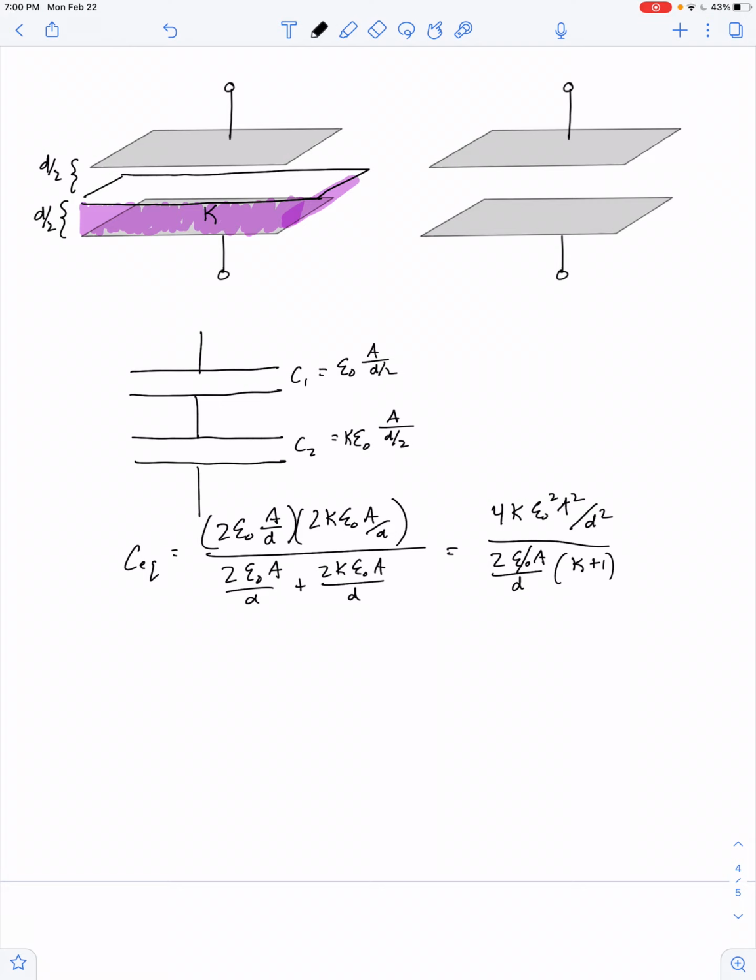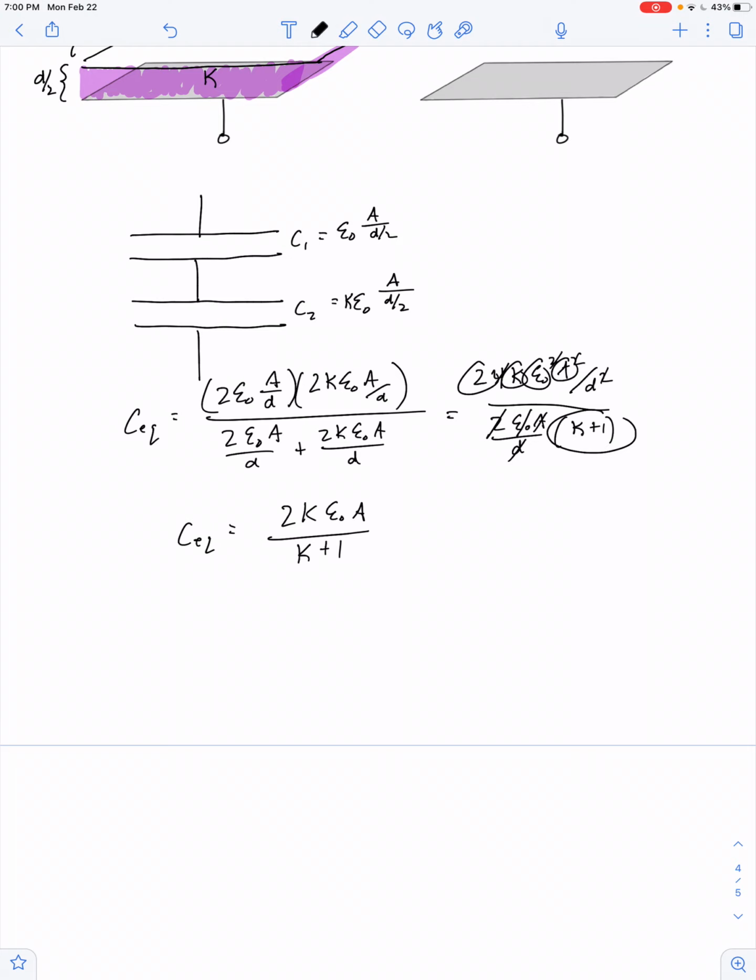So one of the epsilons cancels, one of the A's cancels, one of the d's cancels. We can cancel the 2 and the 4 to make this just a 2. So we've got the equivalent capacitance equal to 2 kappa epsilon A divided by kappa plus 1.